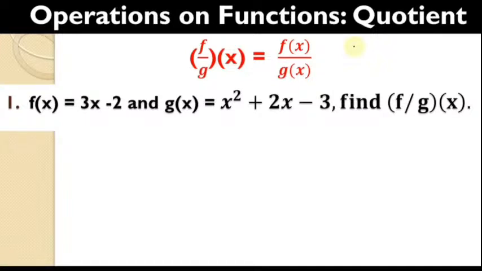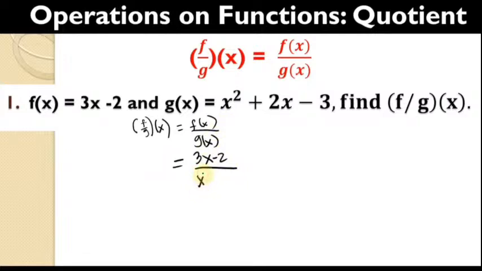Formula we have, so formula that is the quantity of f over g times x equals f of x over g of x. Next, we will substitute the value of f of x, that is 3x minus 2 over the value of g of x equals x squared plus 2x minus 3.